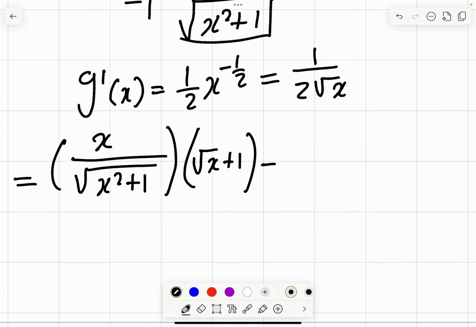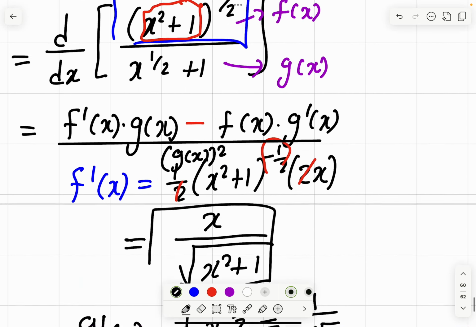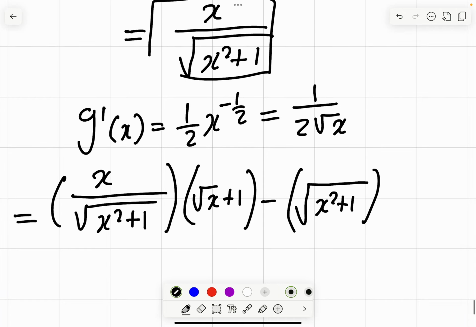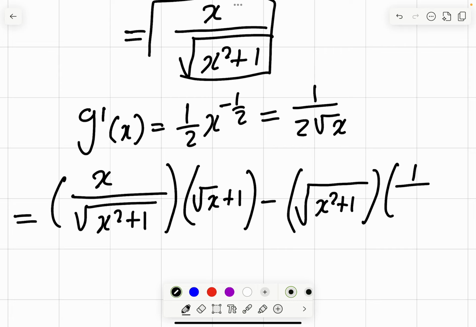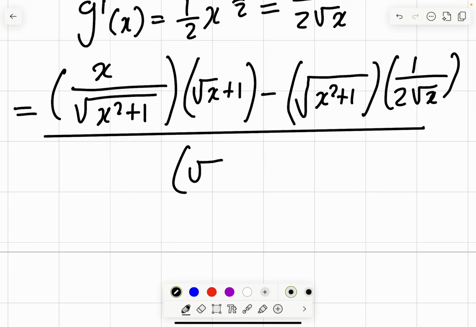Then I subtract f of x, which is square root of x squared plus 1, times g prime of x, which is 1 over 2 root x. All divided by g of x squared, which is square root of x plus 1 all squared. That's the derivative of that function.